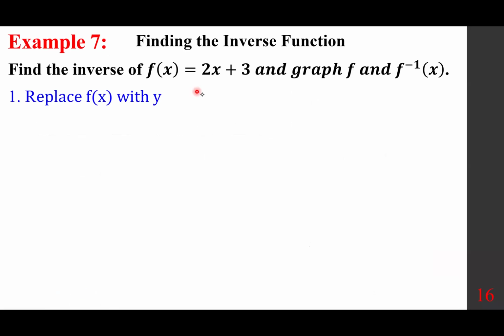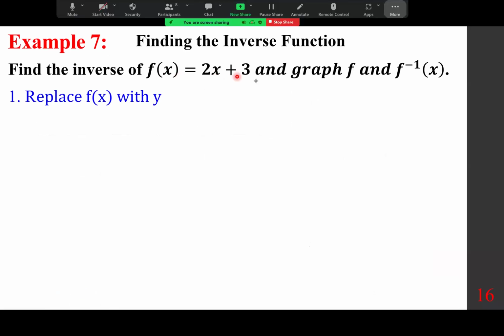We want to find the inverse of f of x, which is 2x plus 3, and graph the 2 functions, f as well as f inverse. Number 1, we're going to call this y because it makes it easier to work with. Number 2, we are going to interchange x and y. So this becomes x, this becomes y. Therefore, we have x equals 2y plus 3.